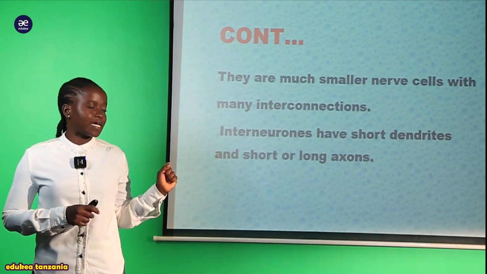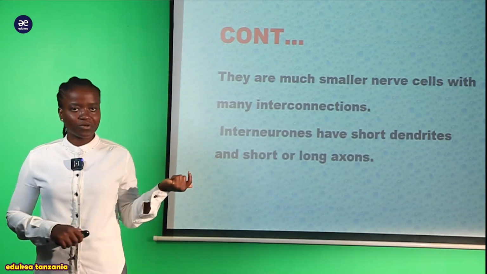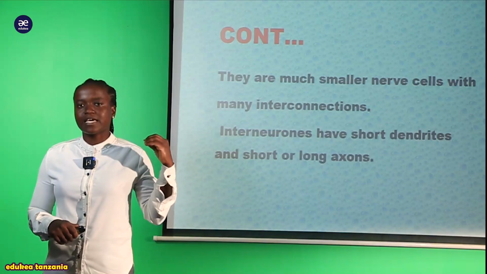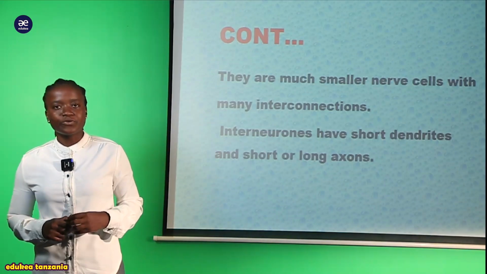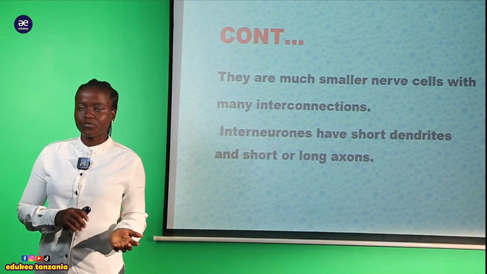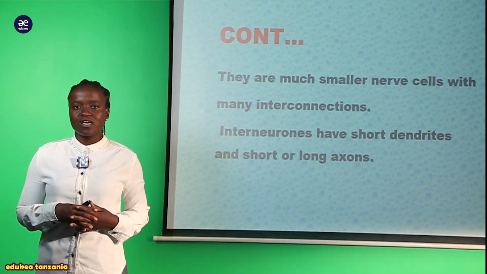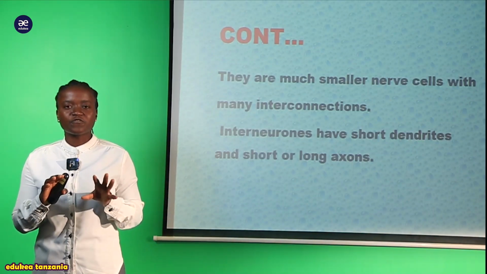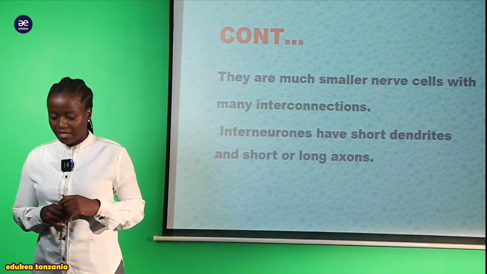The interneuron has a small axon and also shorter dendrites. Even when you look at its dendrites, they are very short, and very many.